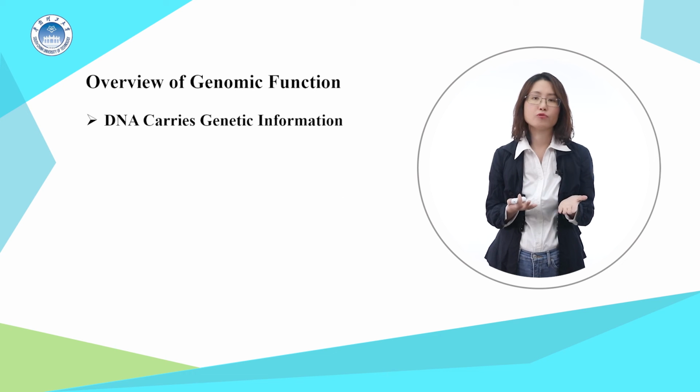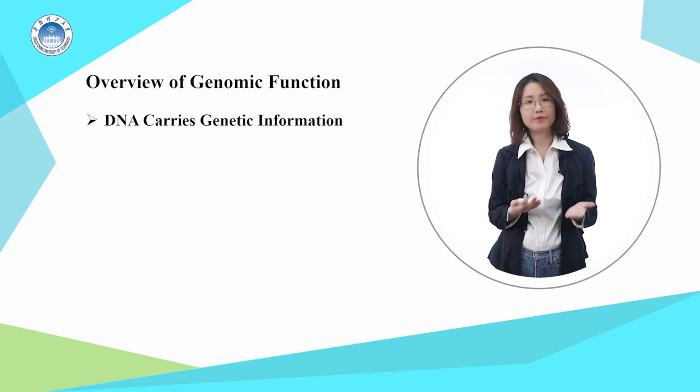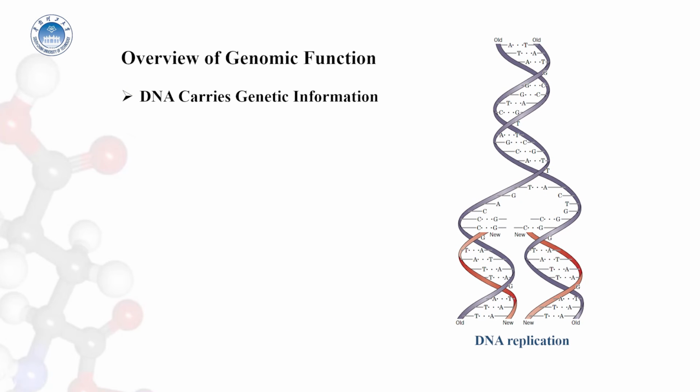So let's introduce the overview of genome information. DNA is the carrier of genetic information in all cells and in many viruses. DNA carries genetic information in the form of its sequence of nucleotides. The nucleotide sequence of DNA is transcribed into the nucleotide sequence of messenger RNA, which is then translated into a protein, a sequence of amino acids.